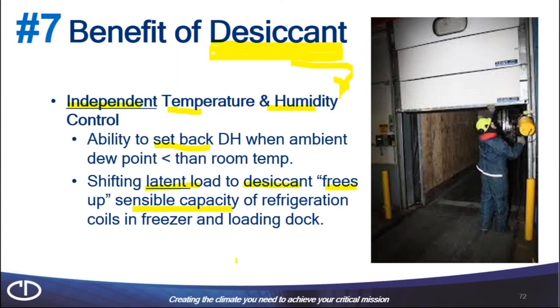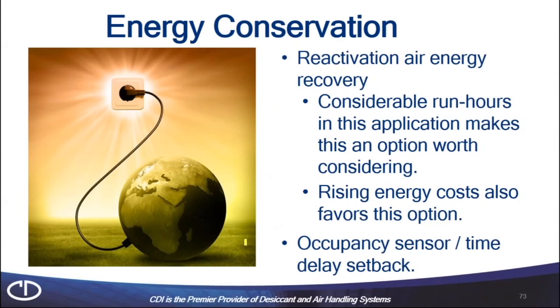There are some other energy conservation techniques we can apply, like reactivation air heat recovery. This is a desiccant unit. We're actively adding energy to the desiccant reactivation airstream. We can recover some of that because this application has considerable run hours.